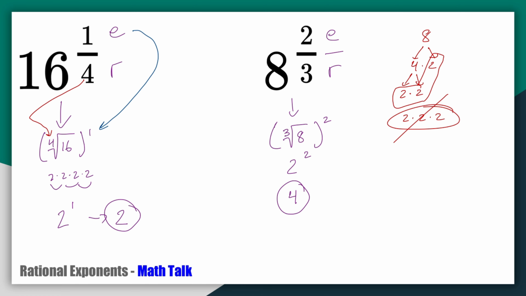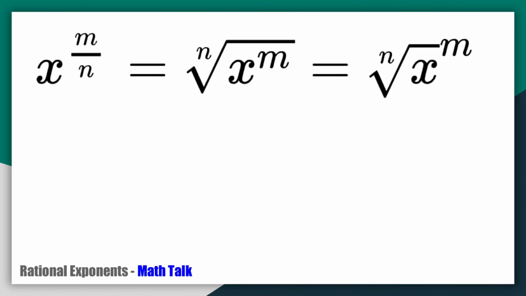All right. Now, let's look at the official property, okay? Let's go back here, or over here. Now, the official property says that when you have a number x to the power of m over n, it could be equal to this, the nth root into the m power, right? Okay, but notice there's this and there's this that say relatively the same thing.